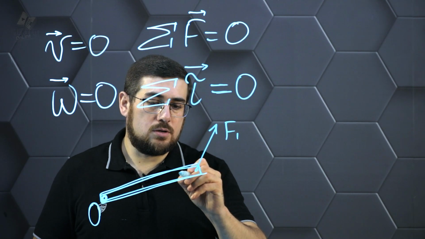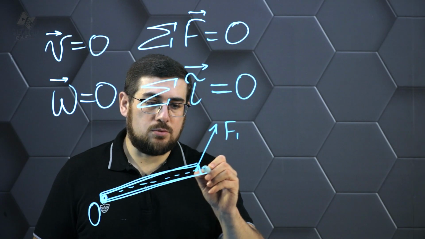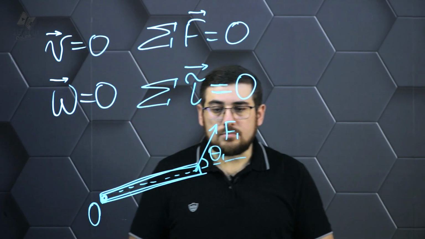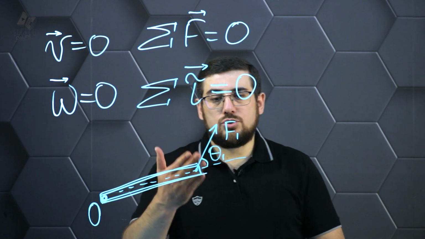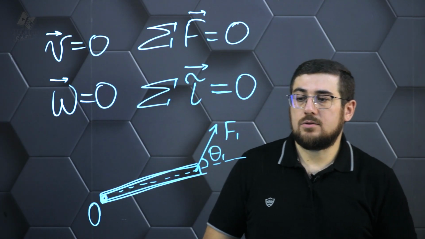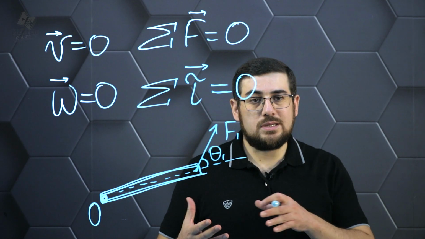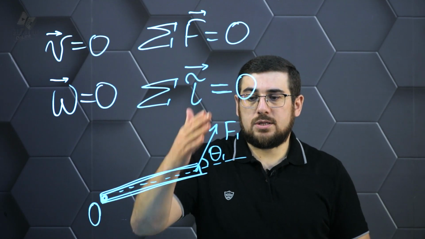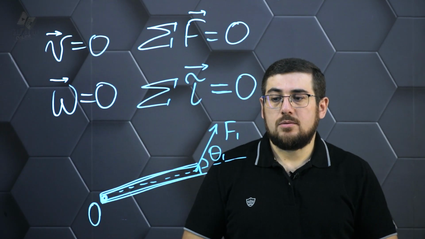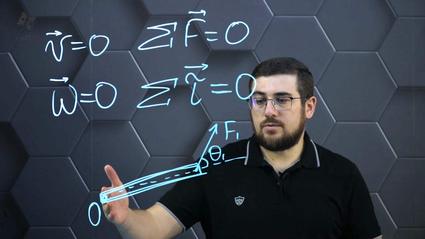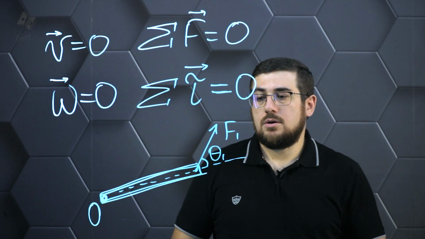For example, this force is at an angle θ1 to the axis of the part. In this case, how do we calculate the moment of this force? Let's remember that the moment is directly the product of the force acting on a given object by its shoulder. We call the shoulder of the force the perpendicular, which is lowered from the point of rotation to the line of action of the force.